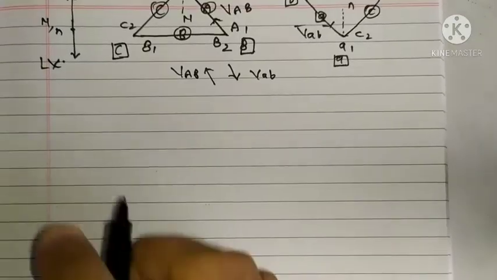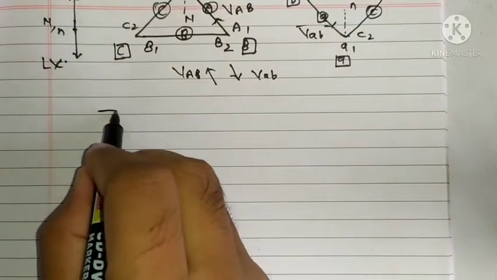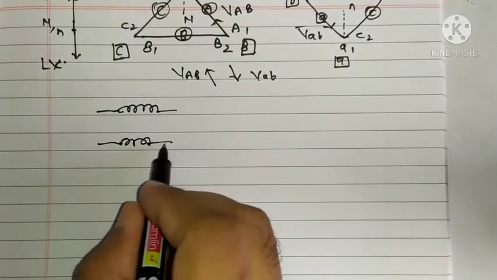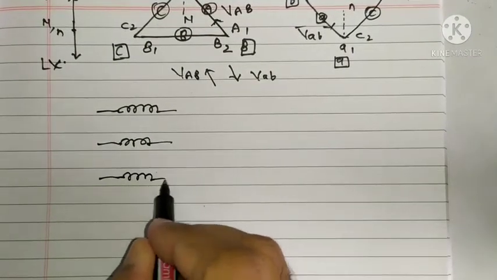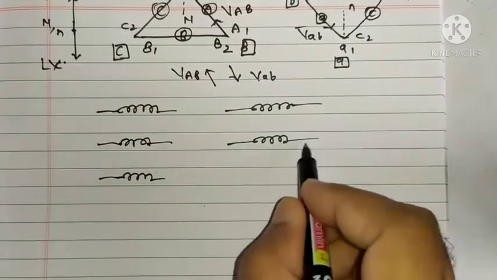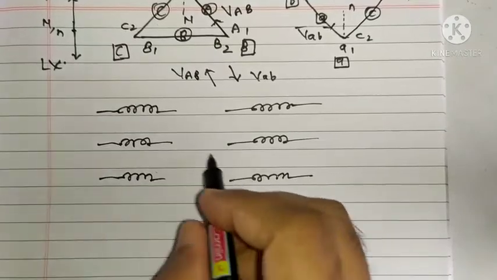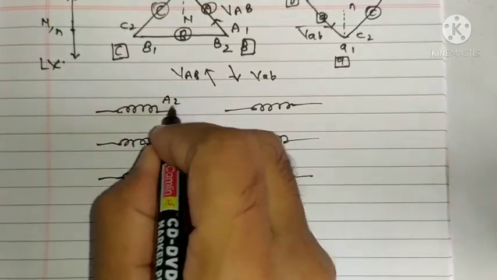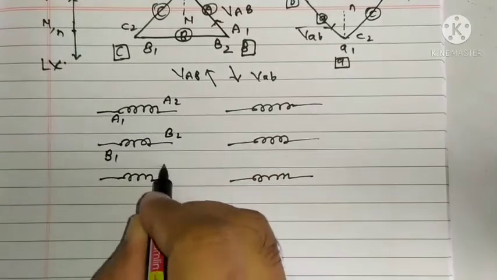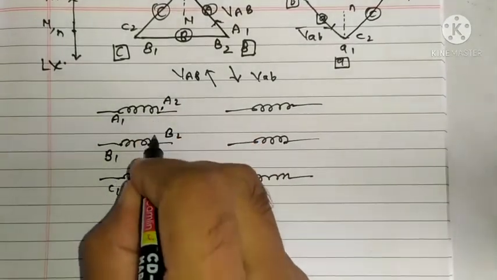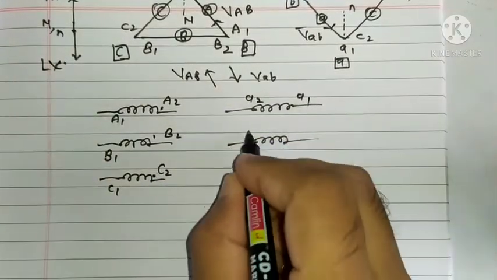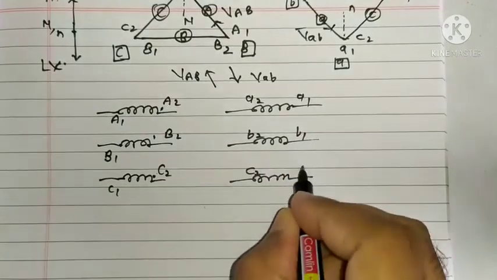The winding diagram can be drawn following the connection here only. So these are the A2 A1, B2 B1, C2 C1 dots, and here A2 A1, B2 B1, C2 C1.